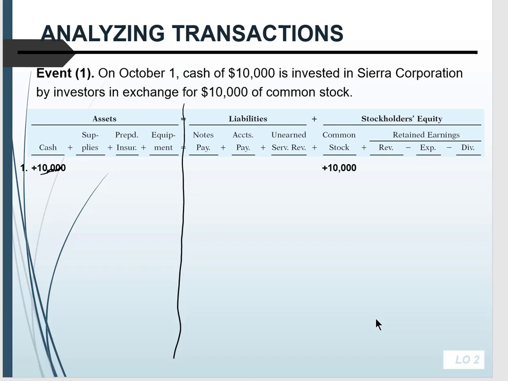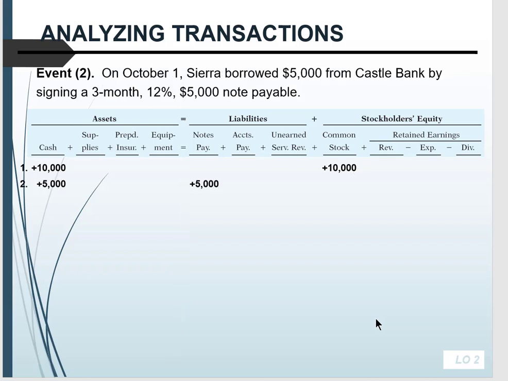If the transaction affects things on either side of this equal sign, then you'll notice that they're always going to have the same sign. So that means what? We received cash, and that's represented by the ownership in the company of $10,000 in common stock.